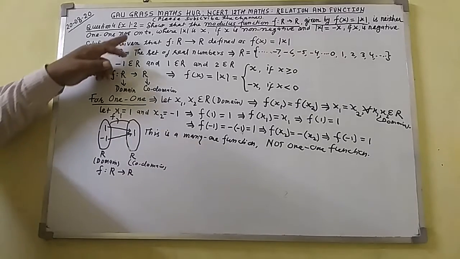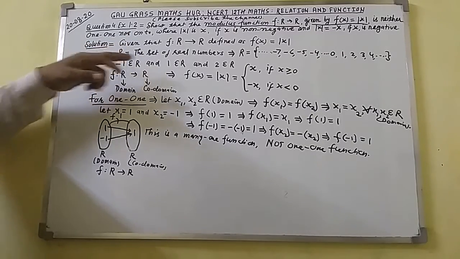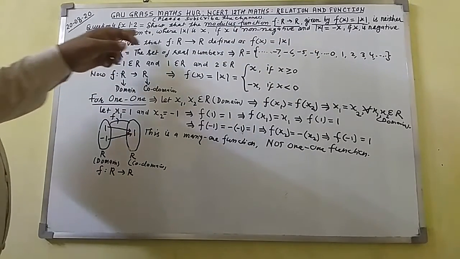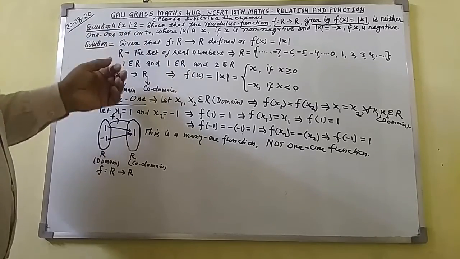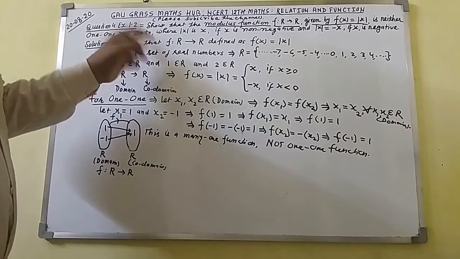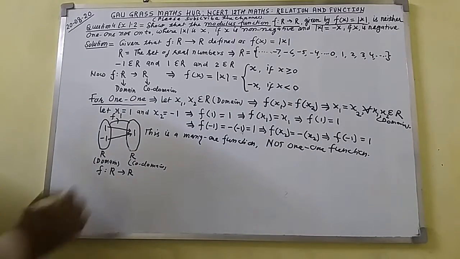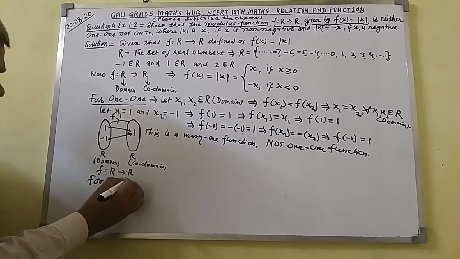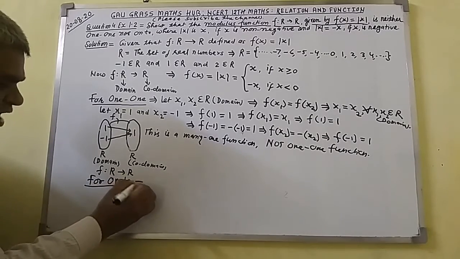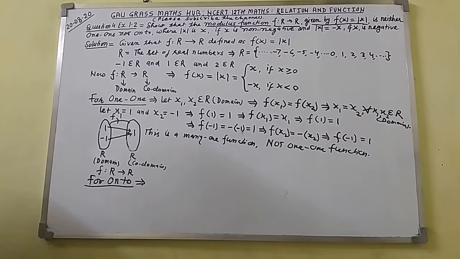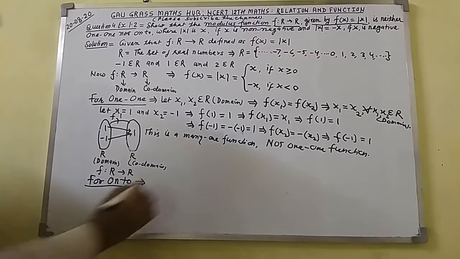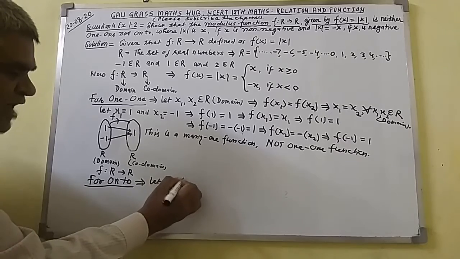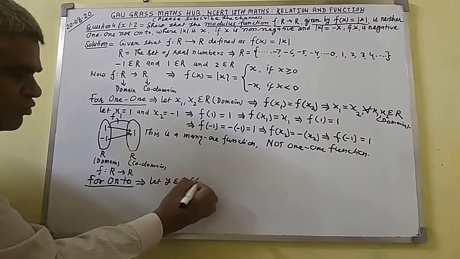Now come out to next. Next it says this function f from capital R goes to capital R is onto function. We have to prove whether this function is onto function or not. So here I am going to write the concept for onto. Let small y belong to capital R codomain.